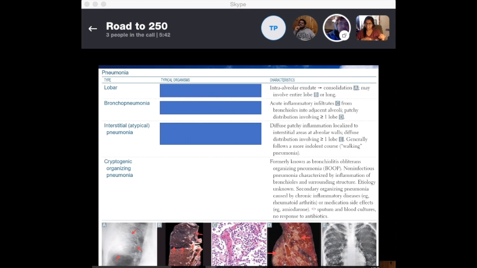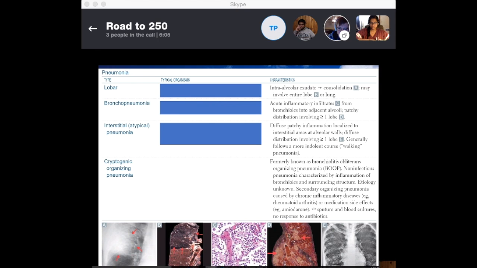All right, so we have lobar, which you can see here, can either on a chest x-ray show up like consolidation, or if you actually were to do a lobectomy or see on pathology, that can involve an entire lobe. We have bronchopneumonia, which is seen as patchy distribution.